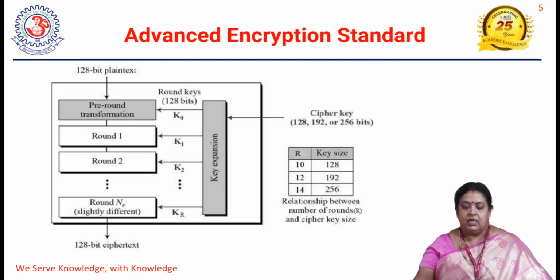As already said, if the key size is 128, we have 10 rounds; if 192, we have 12 rounds; if 256, we have 14 rounds. So we have n rounds. Before round one, we have one more extra round that we call the pre-round transformation. Upon each round, we use a unique sub key, that is a round key.